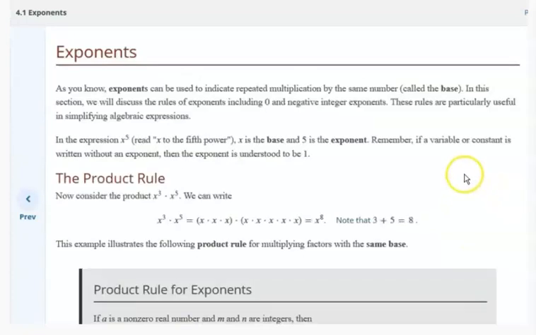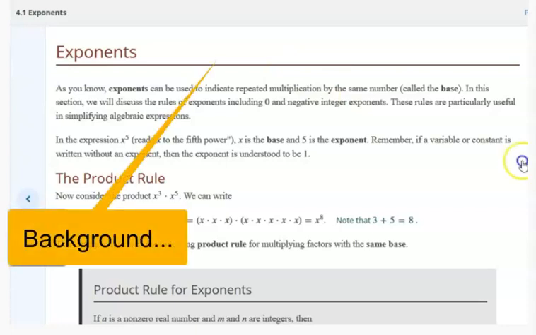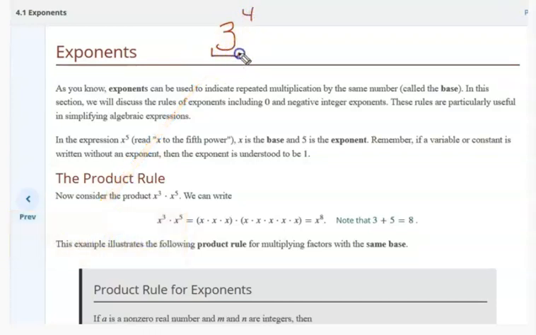Exponents. Well, keep in mind that exponents are a kind of shortcut way to indicate multiplication. Let's say we have the number 3 and the exponent is 4. The 3 is considered the base. This is background.